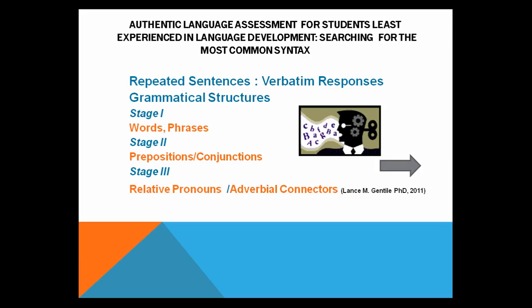These kids need to be fluent in the use of words and phrases, which would evidence a stage 1 language development. When they can use prepositions and conjunctions in their language acquisition, they're at a stage 2, and stage 3 is the point at which these kids control relative pronouns and adverbial connectors and can then begin to formulate more expanded sentences.